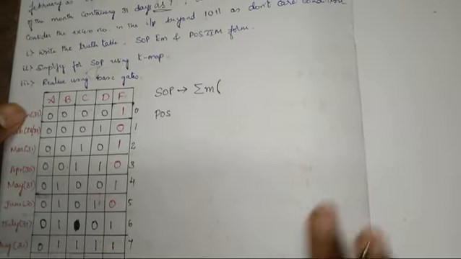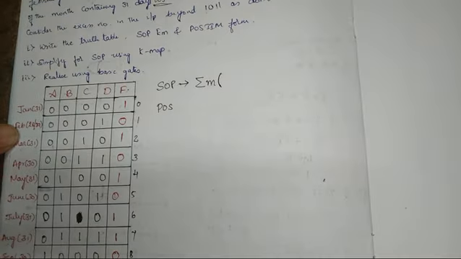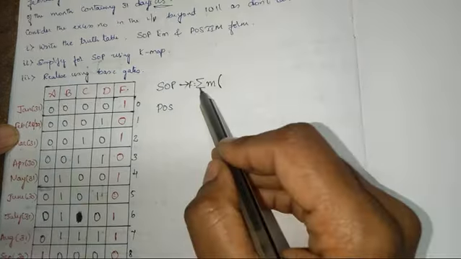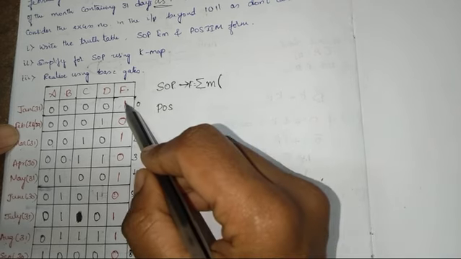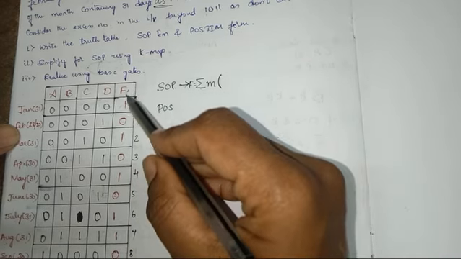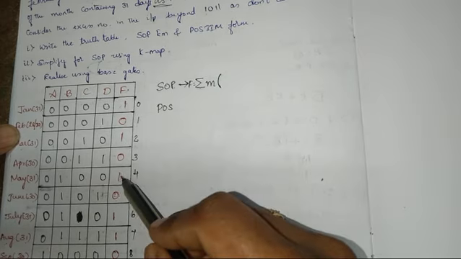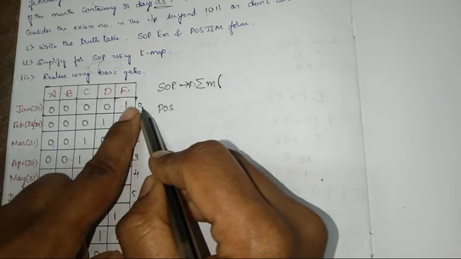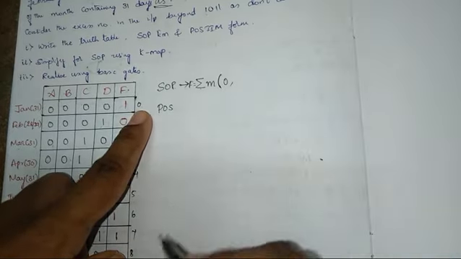Okay, so to express the given function f in the sum of product forms, we have to pick the output where the 1 is present. Where the 1 is present, it is in the number 0, so write 0.